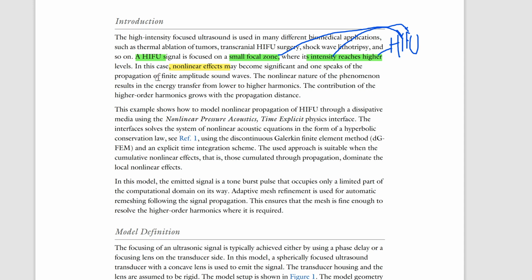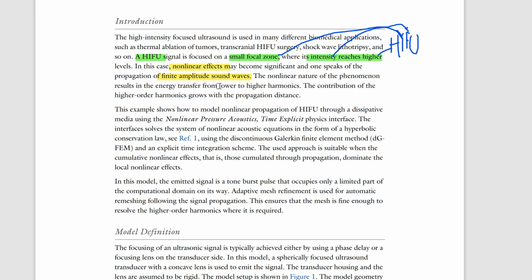Propagation of finite amplitude sound waves. Okay, so we're seeing very small amplitude sound waves. Is that connecting to our intensity? The nonlinear nature of the phenomenon results in energy transfer from lower to higher harmonics.